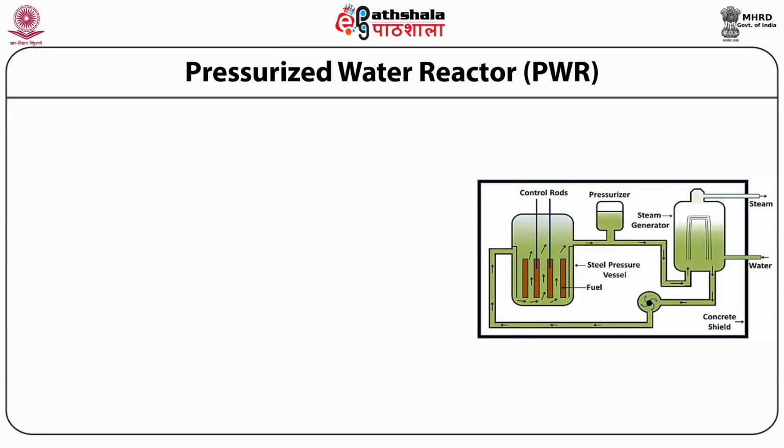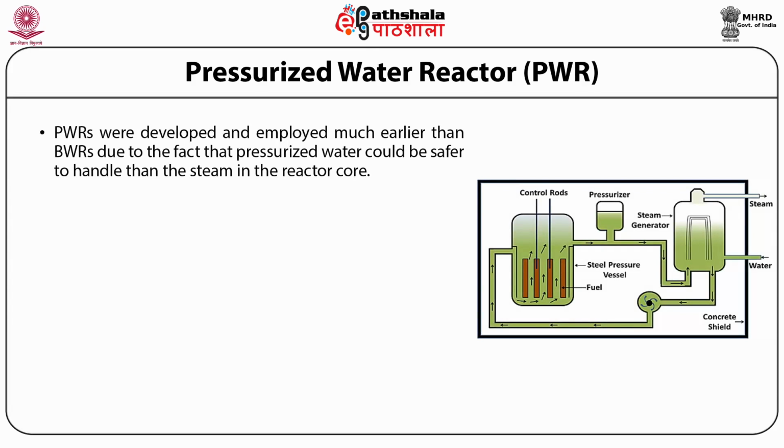First is the pressurized water reactor, that is PWR. PWRs were developed and employed much earlier than BWRs, that is boiling water reactors, due to the fact that pressurized water could be safer to handle than the steam in the reactor core.